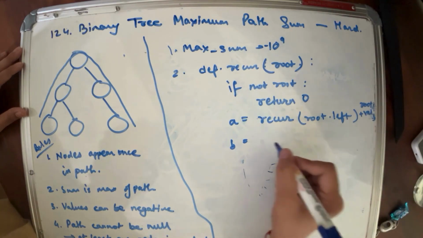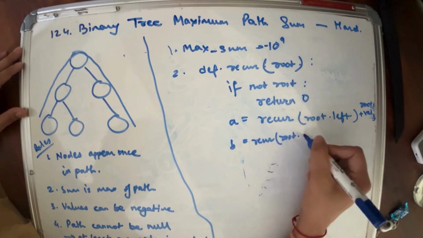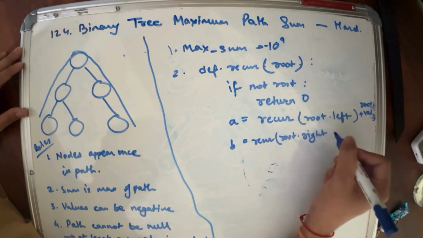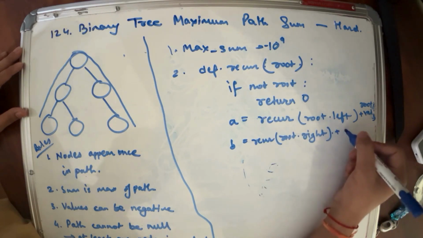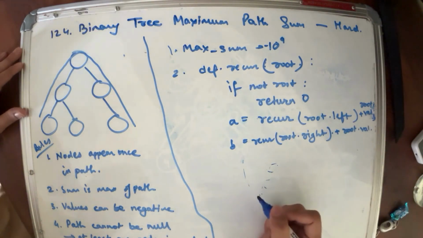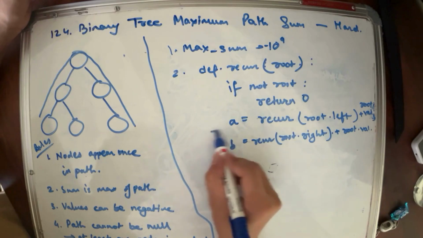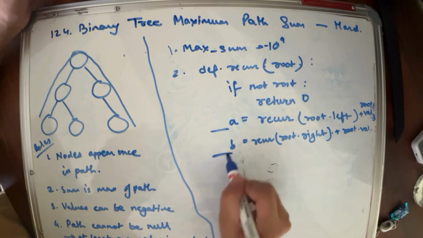Okay. We say recur root dot right plus root dot value. Okay. Now we know the sum from left child and we know the sum from right child.